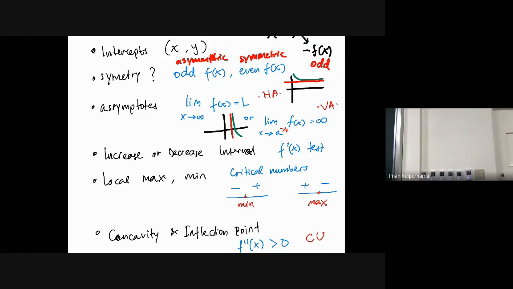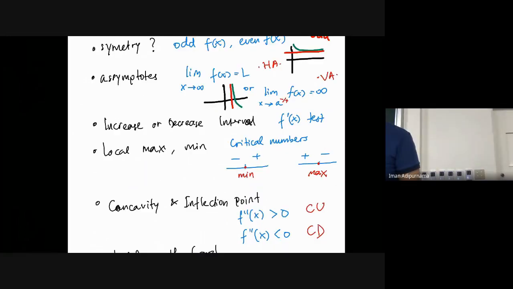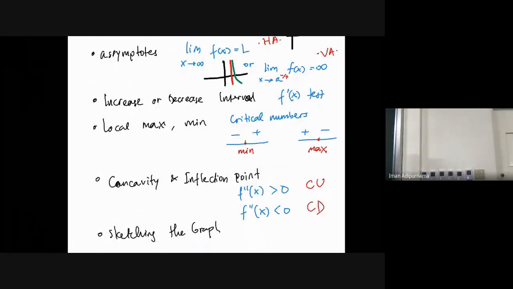You also check the critical points to find whether it has a maximum or minimum. So that is the first derivative test, and then the second one is the second derivative test. You check the concavity, check the inflection point.